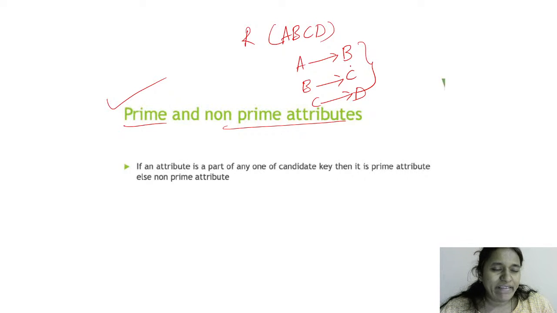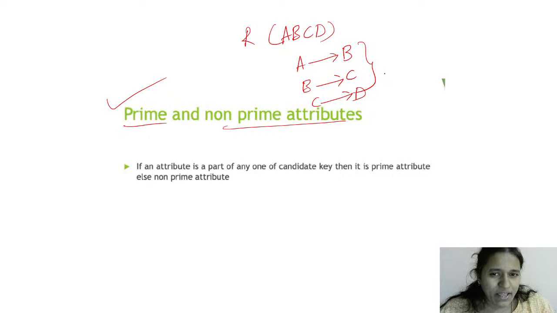Tell me how to find the candidate keys. I told one trick to find candidate keys. Whenever we are finding candidate keys or primary keys, we have to see the right hand side of the functional dependencies.